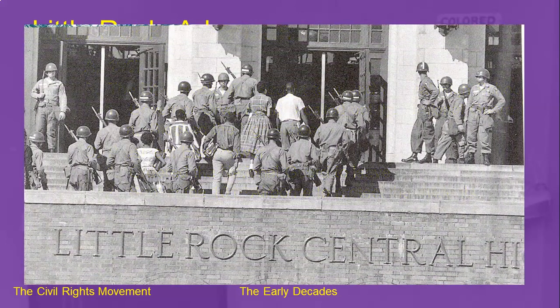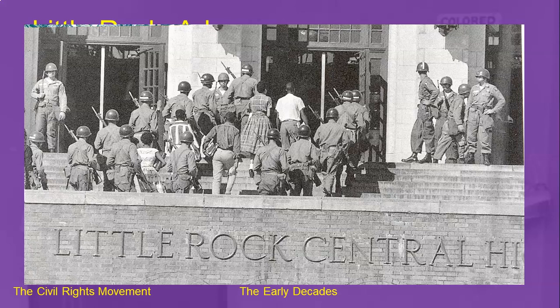Right? This is the famous photo of the students finally being allowed into the school, and you have the Airborne there protecting them. If you notice some of the details in the photo, notice the ends of the rifles that the Airborne have. They have fixed bayonets.